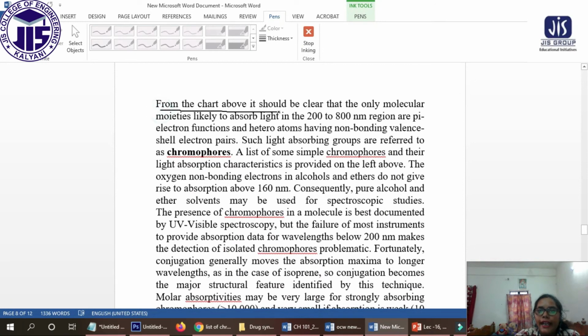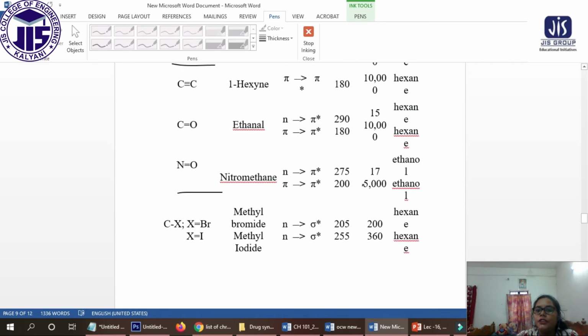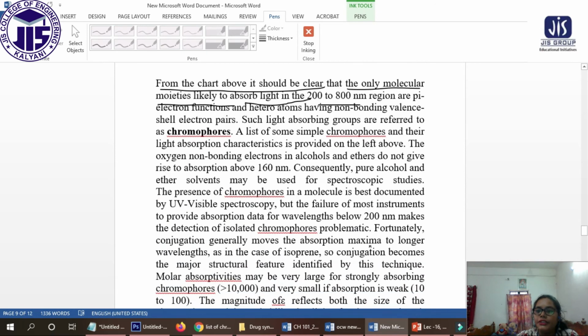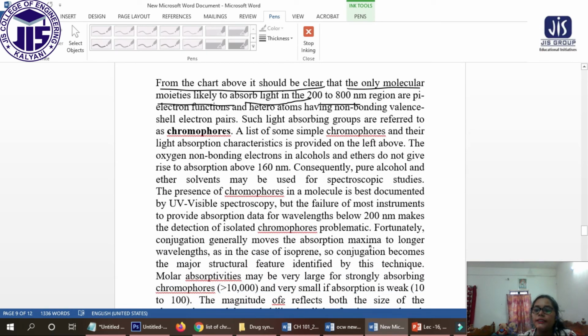From the chart above, it should be clear that the only molecular moieties likely to absorb light in the 200 to 800 nanometer region are these. You can see here the 200 to 800 nanometer region; in this region the absorption takes place.